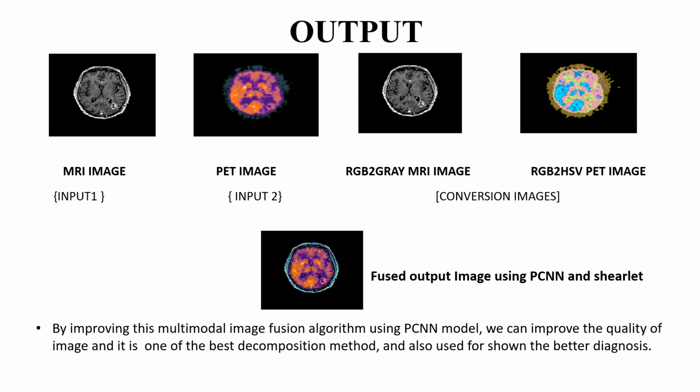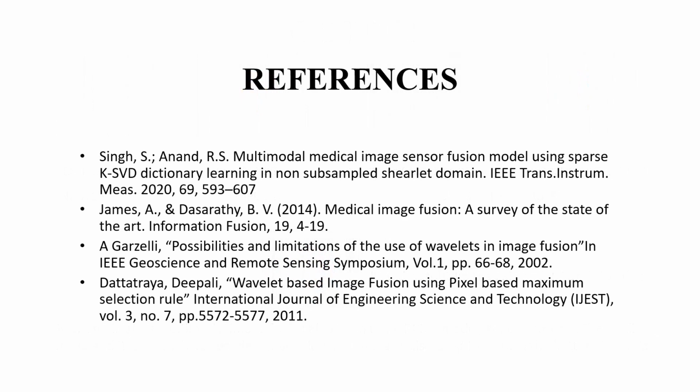By these inputs we can get the fused output. Compared to this is the clear image. For this, the quality is better. By improving this model, we can improve the quality of the image, and it is one of the best decomposition methods used for better diagnosis. These are my references.